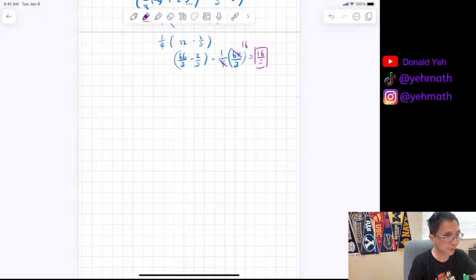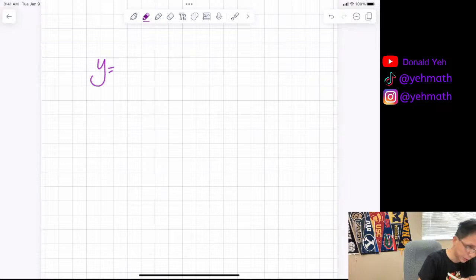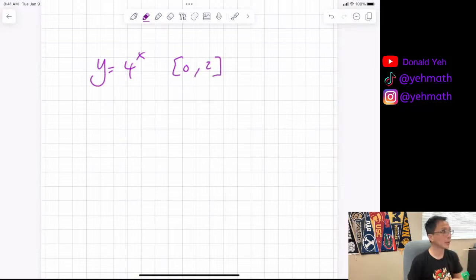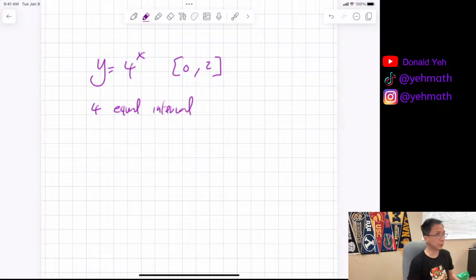So I'm gonna start with a function. Let's just say I have y is equal to, I don't know, 4 to the x, and let's just say between 0 to 2, and I want 4 equal intervals.